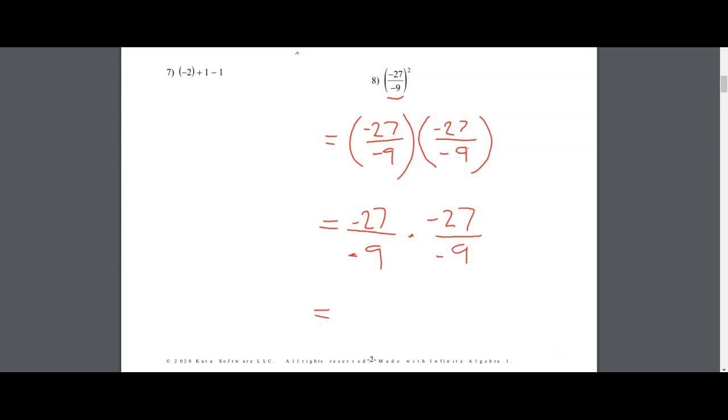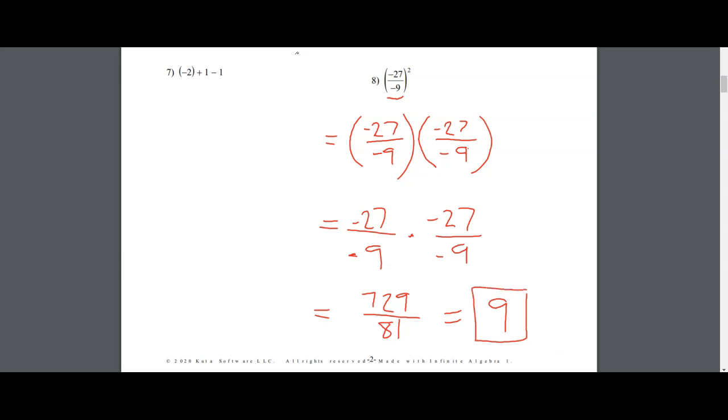So negative 27 times negative 27 gives me positive 729, and negative 9 times negative 9 gives me 81. Now, you're probably going to have to use a calculator here because it's not clear what 729 divided by 81 is, but if you punch that in, this would also be equal to 9.